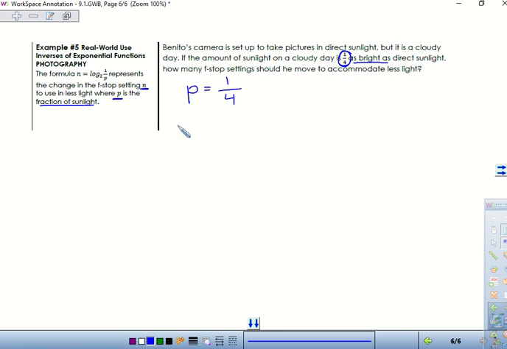Now that we know what P is, what can we do with it in the formula? We're going to plug it in to the formula, right? Everybody see what we did there? What is 1 divided by 1/4? If you do it in the calculator, it'll tell you what it is.